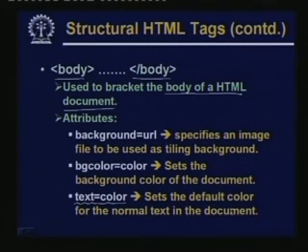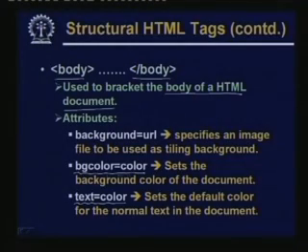So if I write text equal to red, then all my text will be displayed in the color red in the window, unless I explicitly change the color somewhere else. Similarly, the bg color attribute also specifies a color. This will set the background color of the document. Background color means the background of the display window will be set to this color. If I specify bg color equal to blue, then my background will become blue.